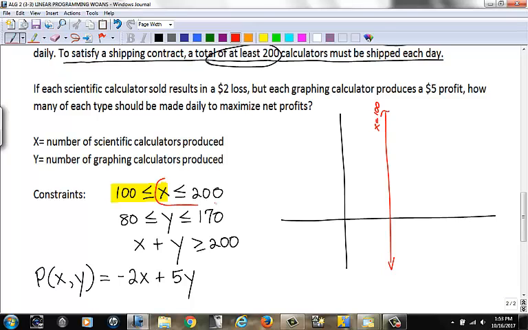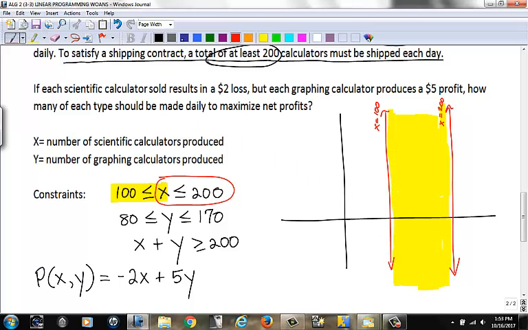And if I did x equals 200, that's another vertical line at x equals 200. But now x is greater than or equal to 100, and less than or equal to 200. So the shading is in between, and we've got this much shaded. Everybody with me so far?